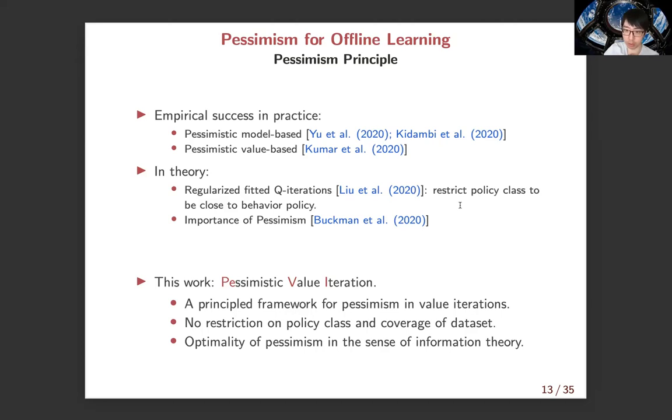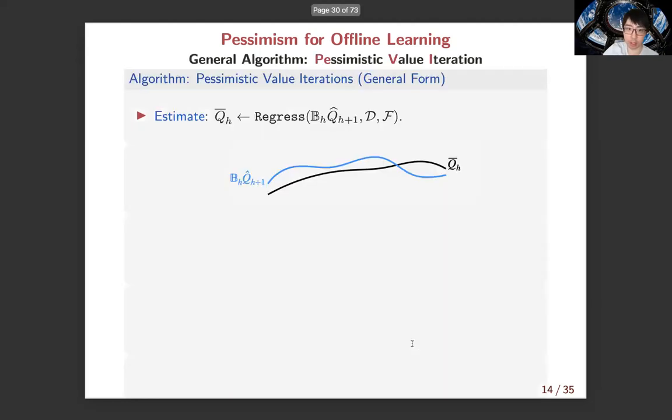And also we do not restrict the coverage of the data set. We just use some kind of uncertainty quantifier to adapt to the coverage of the data set. And compared with the second existing theoretical work, we actually show the optimality of pessimism in the sense of information theory, although we're not able to cover that in this talk.